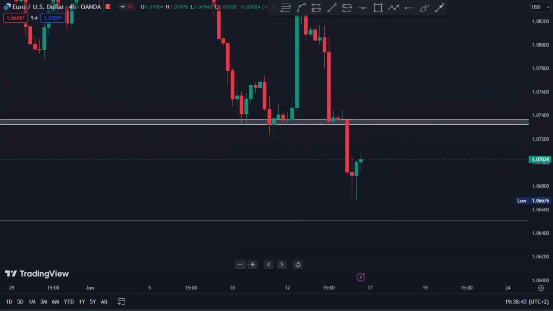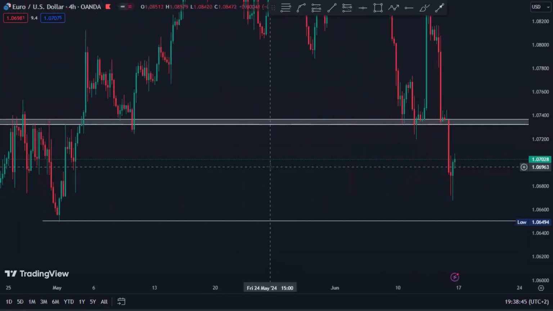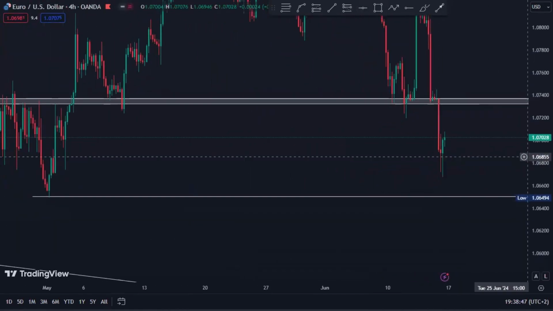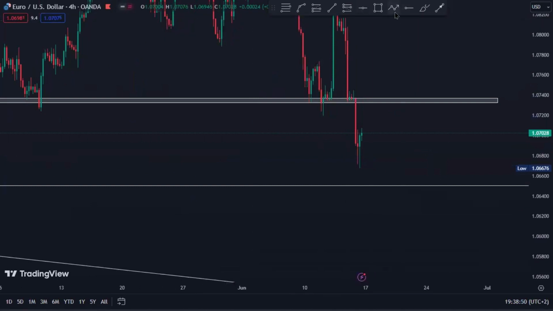Okay, currently the market is going up to that area to actually retest it. So what we're expecting is the market to push up to this area, right?